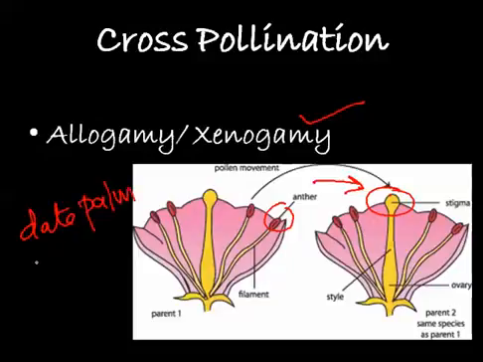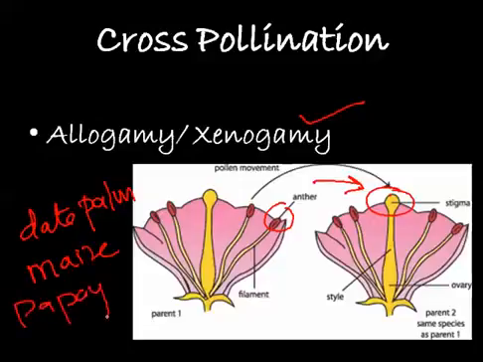We have maize. We also have papaya. These are common examples of cross-pollination. And here we also find there are different modes which transmit pollen to different flowers. We'll discuss in further discussions the agents involved in moving pollen from one flower to another flower. So this is a typical example of cross-pollination in plants.